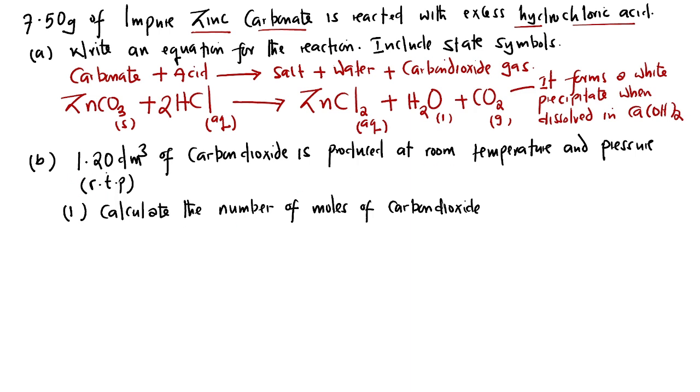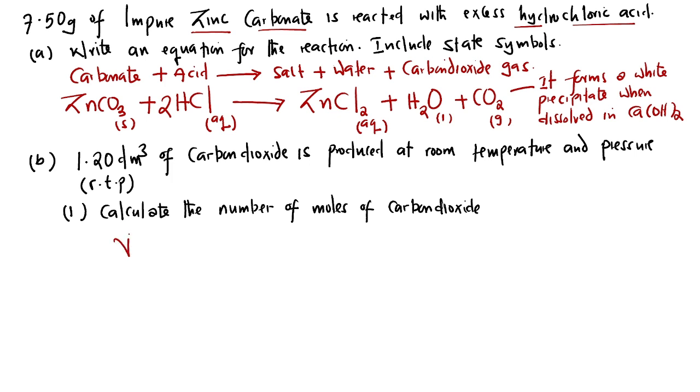For the B part of the question, we are told that 1.20 decimeter cubed of carbon dioxide is produced at room temperature and pressure. Now calculate the number of moles of carbon dioxide. Okay, so how do we find the number of moles here?